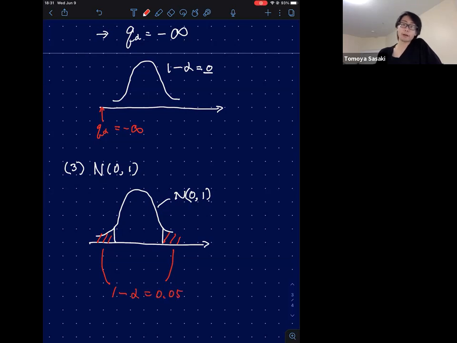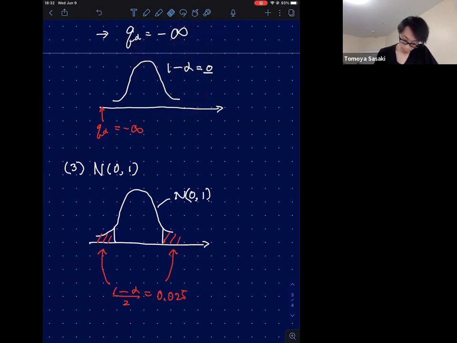Maybe let's not use 1 minus alpha. Let's say each of these places have 2 over 1 minus alpha equals 0.05, which means 1 minus alpha is still 0.05. Sorry, this is a little bit messy.